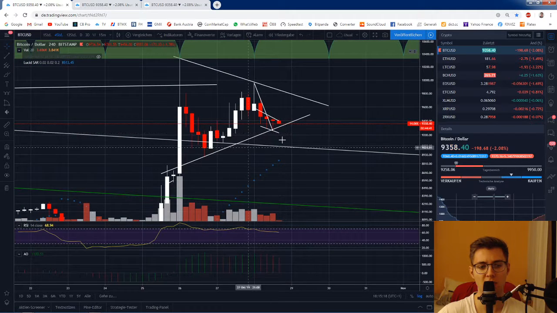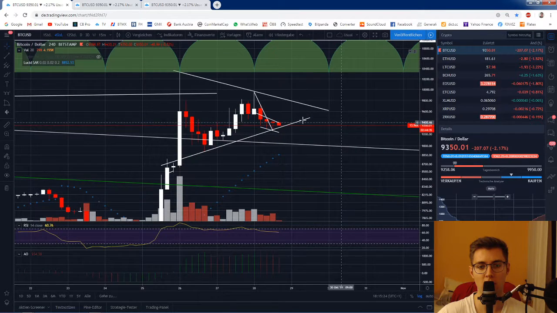So I drew a trend line, and this is of course under the assumption that this is now our lower high, our higher low. This doesn't have to be set, of course. We could still come back down to the area of 9,200, the low 9,200s, or mid 9,100.